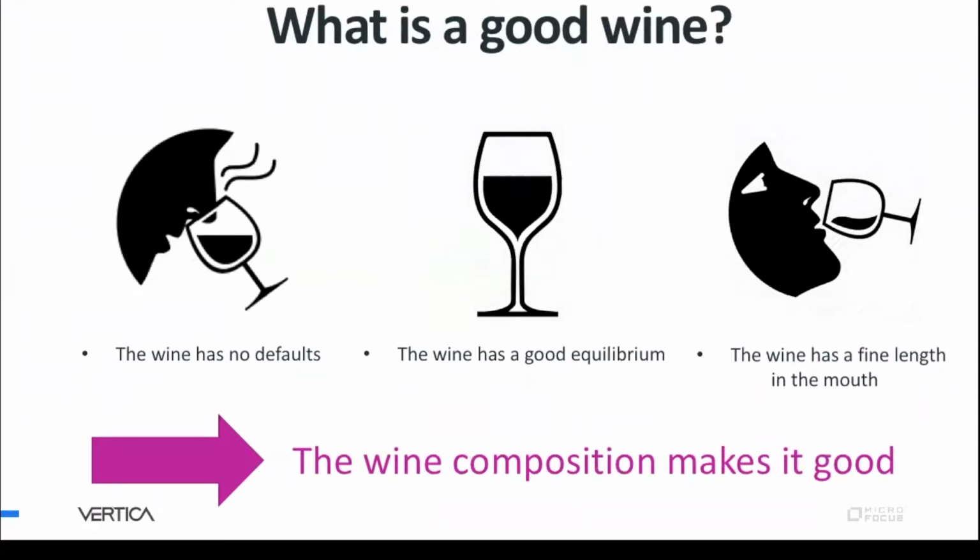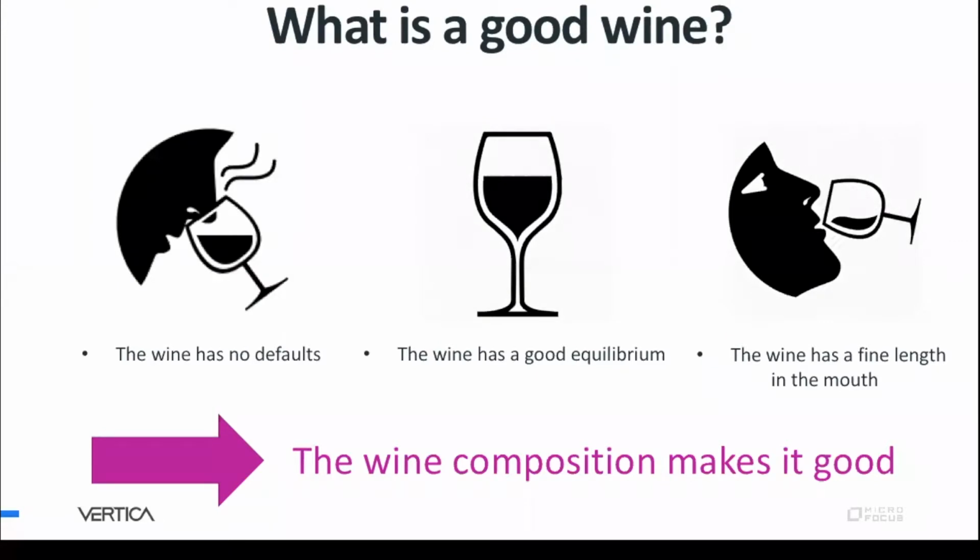There are three different factors. First, the wine has no default. So you cannot see grapes inside your glass, or you cannot smell a really bad taste. In this case, the wine has a default, so immediately it will not be a good wine. Second, the wine must have a good equilibrium. We will see it. It's a really important point because it's related to the chemicals that we will extract.